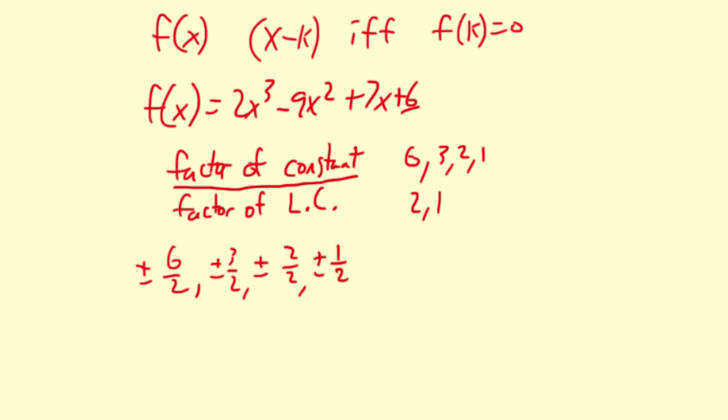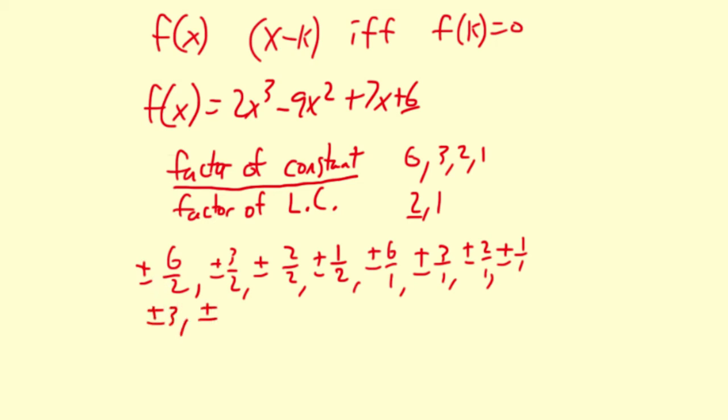So that takes care of these. Now we have to do the other list with the 1 as the denominator. So plus or minus 6 over 1, plus or minus 3 over 1, plus or minus 2 over 1, plus or minus 1 over 1. So any of these are possible factors, and some of them can be reduced. So let's do that. Plus or minus 6 divided by 2, that's plus or minus 3.